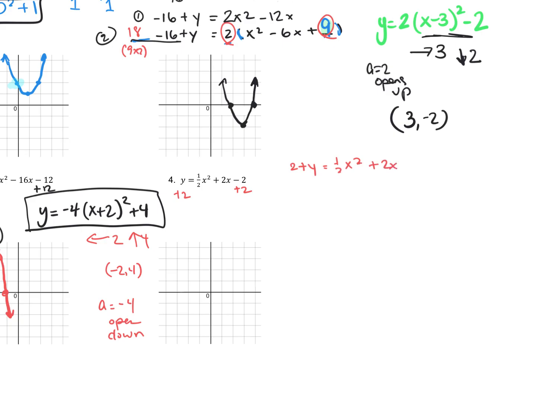Now I factor out a. A is 1/2. So I have 2 plus y. So what does that give me? Be careful, you are dividing by 1/2. So this leaves me with x squared here, because these cancel, same top and bottom. But 2 divided by 1/2.